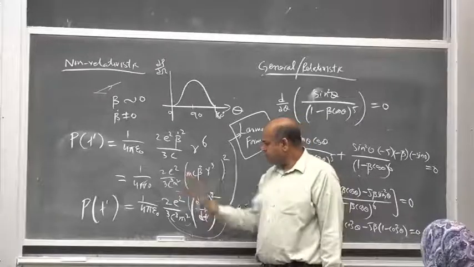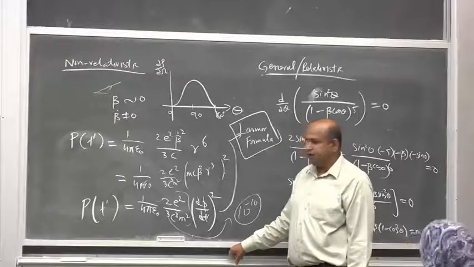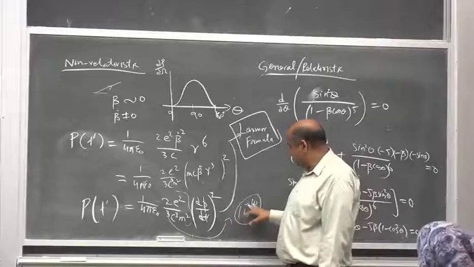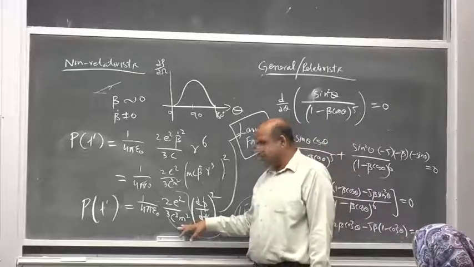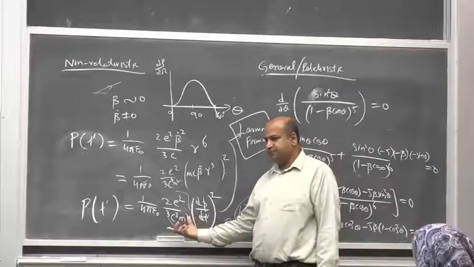So the radiation is not affecting the momentum of the particle much, though it is, because 10 to the power minus 10 may be small when we are building the device to accelerate the particles, but it's a real thing.